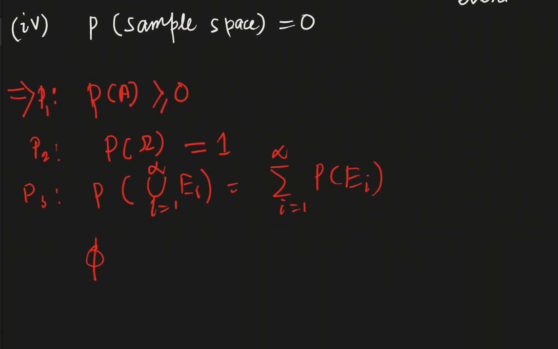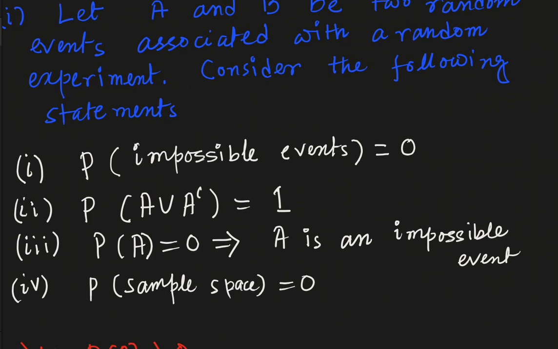And we know from the corollary taught in the lecture that the probability of an event which belongs to phi is 0. That means the first statement is true.